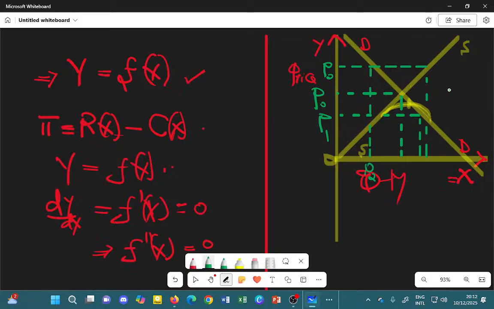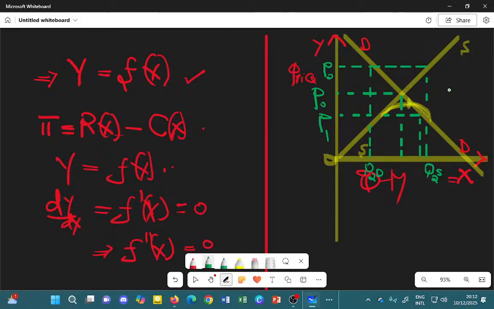This will also be Q2. Now this is QD because it refers to demand. Then this I will call QS.